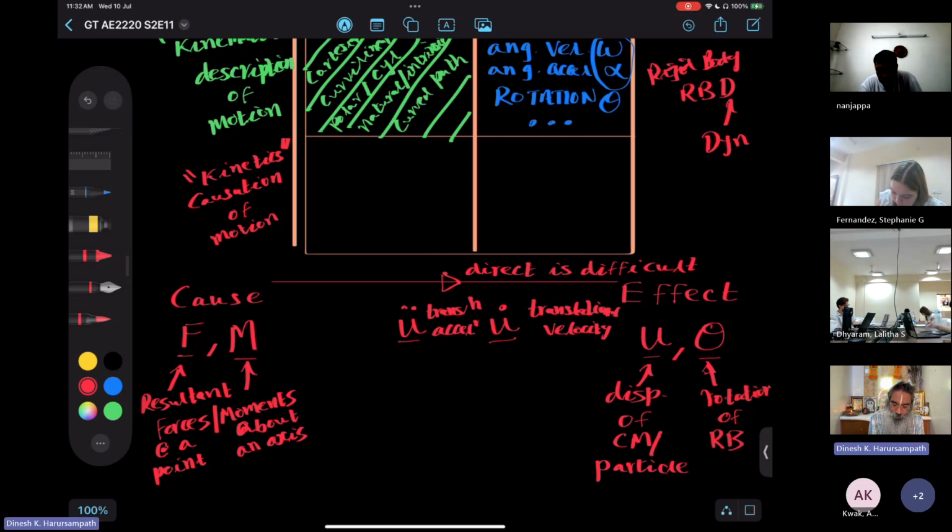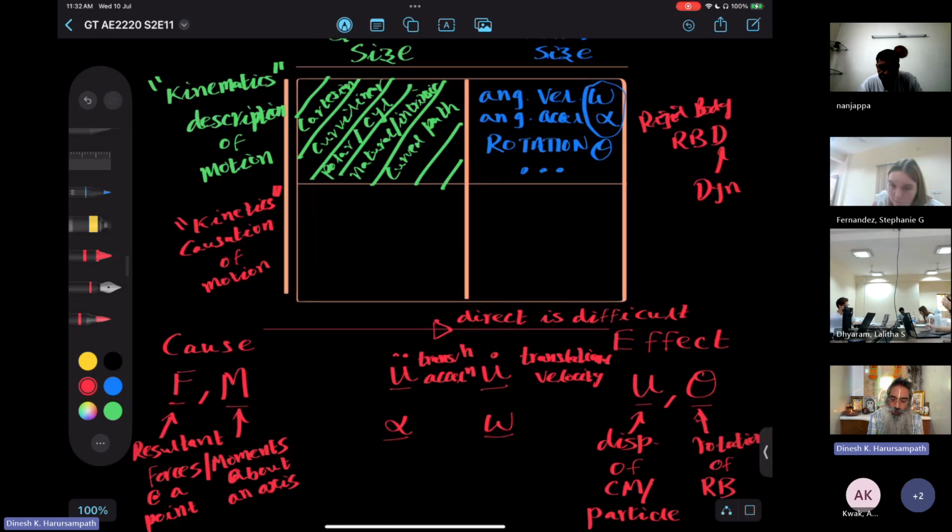So in a similar sense, towards the end of last class, we introduced, remember, two more quantities, which we called omega and alpha, which, as we pointed out over here on the top, are the angular velocity and the angular acceleration, right? And they were related to your theta, which is the rotation.